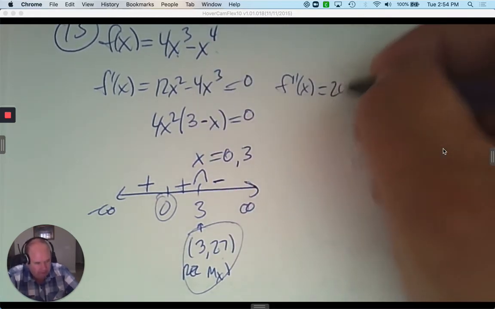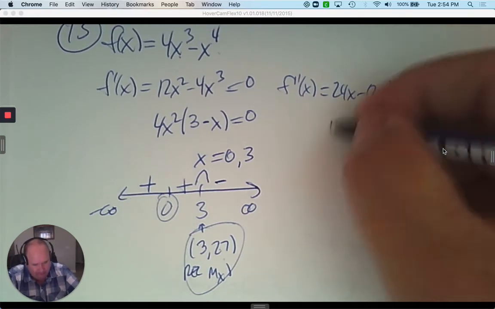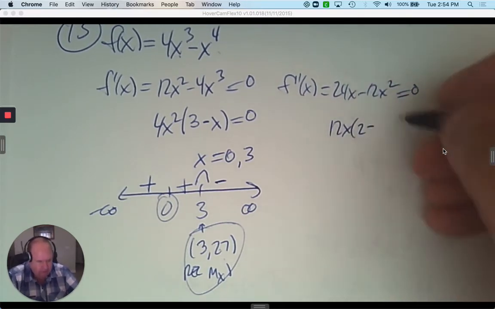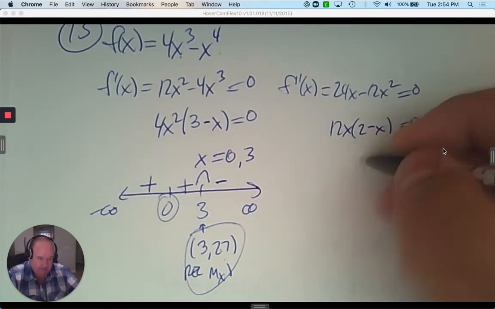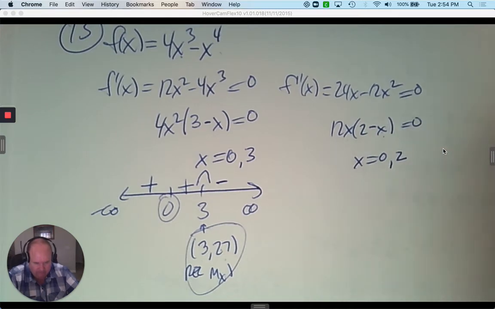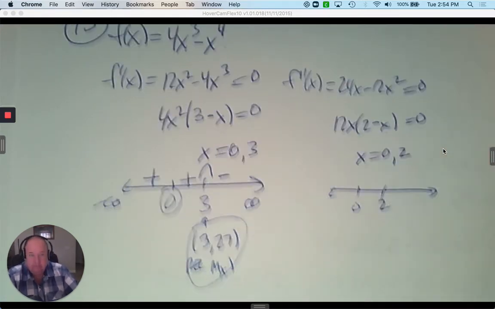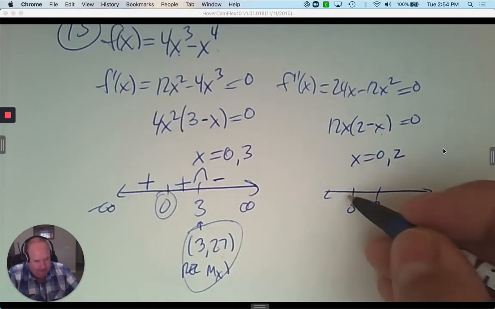Now the second derivative, that would be 24x minus 12x squared equal to 0. Factor out 12x, that's 2 minus x. Again, solve it. 12x gives you the answer 0. That's positive 2, because 2 take away 2 is 0. And then a number line from 0 to 2. Plug in any negative number.